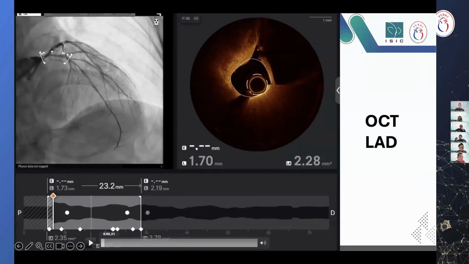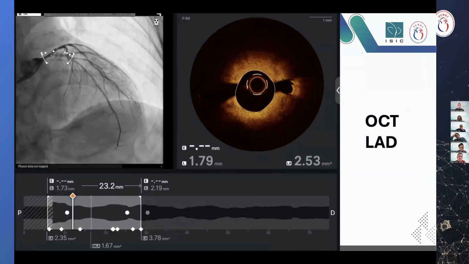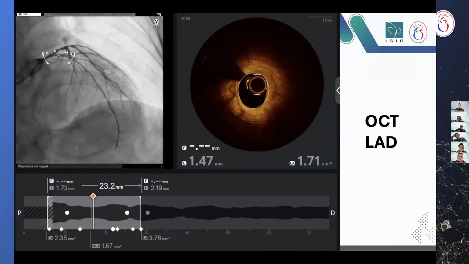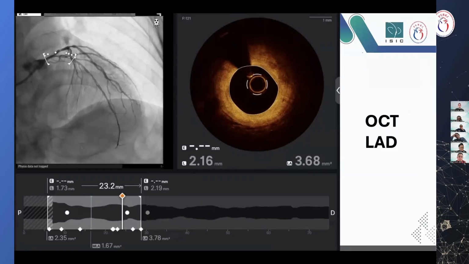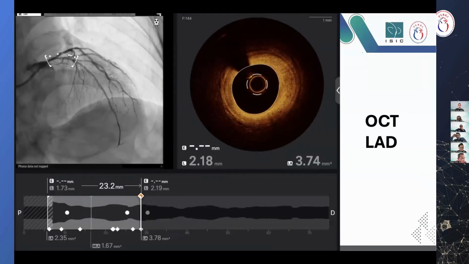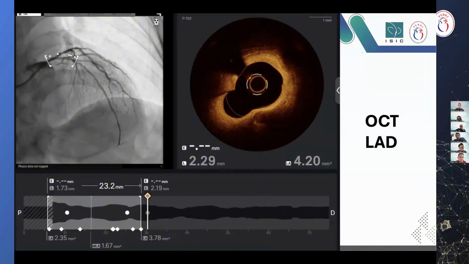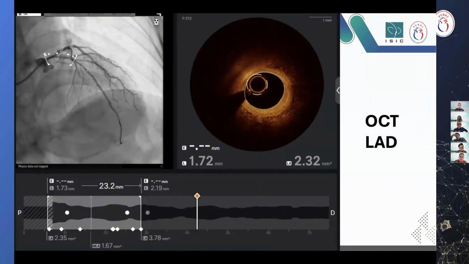Yeah. So to optimize the PCI result, we use the intracoronary imaging devices, in this case, OCT. On the OCT, we could clearly see mixed plaque morphology. Here, I will slowly move the cursor with the fibrocalcific disease here.